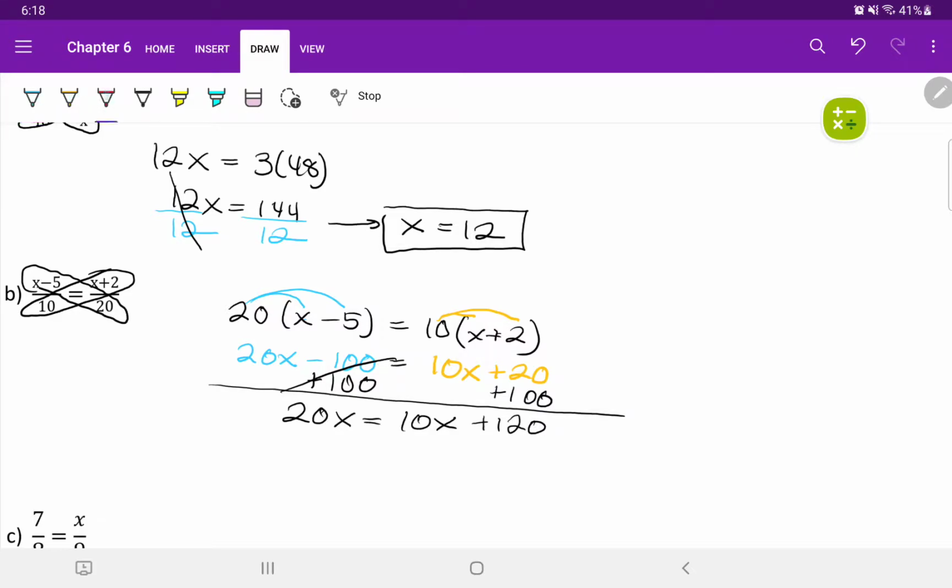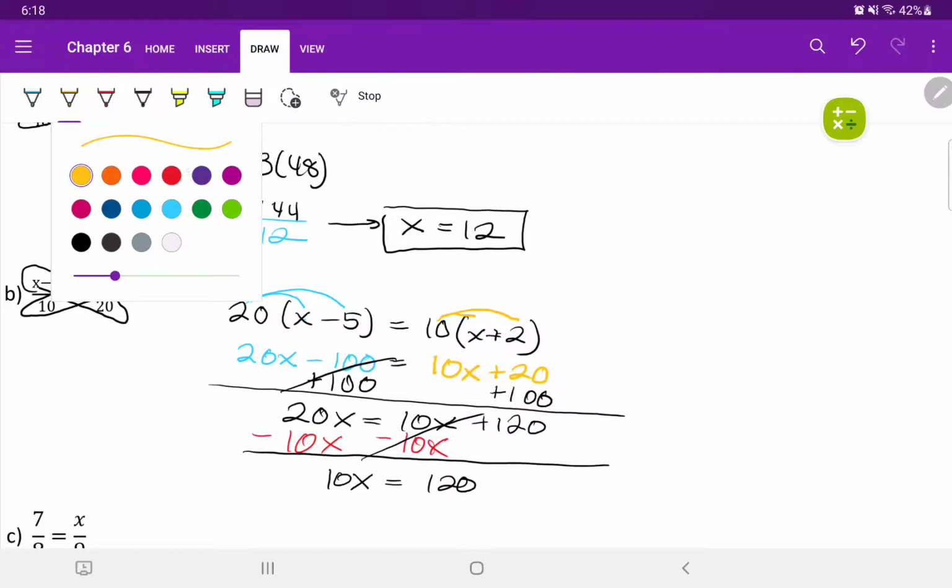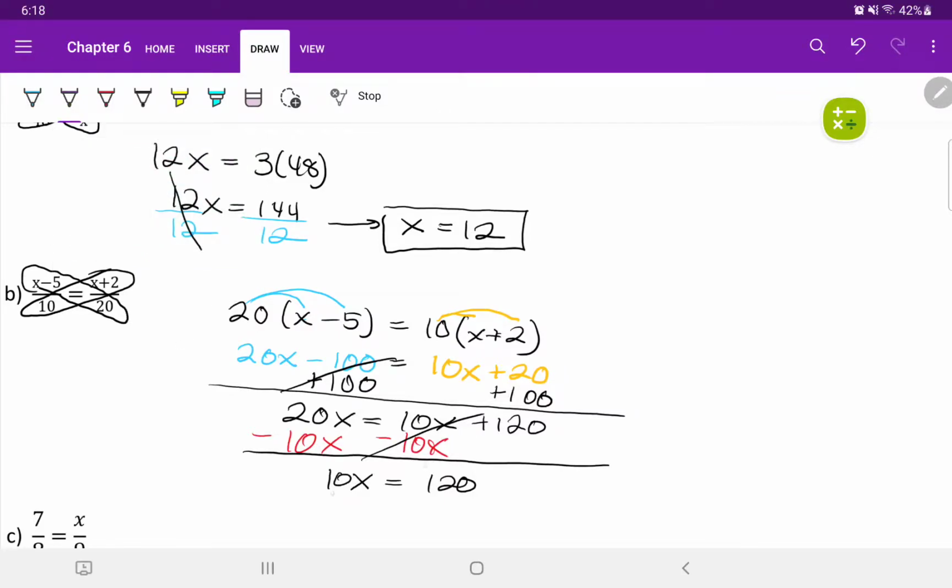After that, we're going to subtract both sides by 10x to get the x's on the left side. That's gone. 10x equals 120. And to get x by itself, we're going to divide both sides by 10.